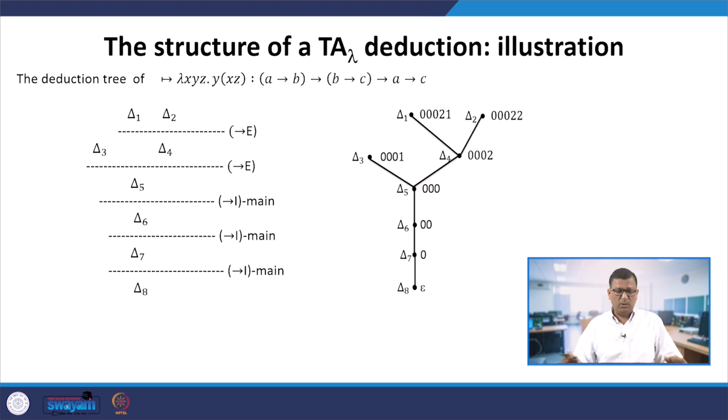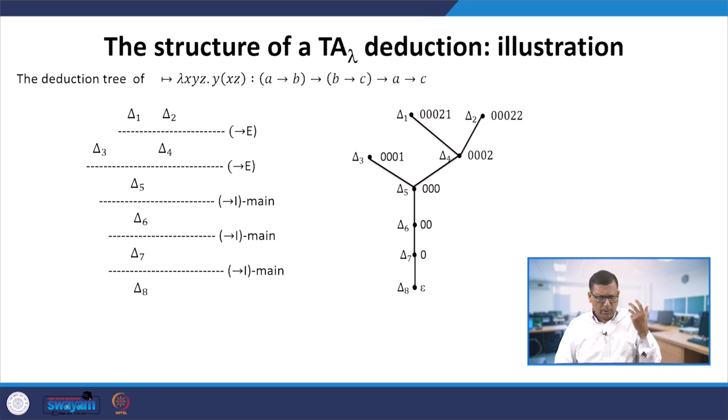Now, putting these two things together, here we see the similarities. This was our T lambda deduction where we have horizontal lines, and here we have the nodes of the tree and the links or edges of the tree. If we remove the position labels, these two structures will be the same.